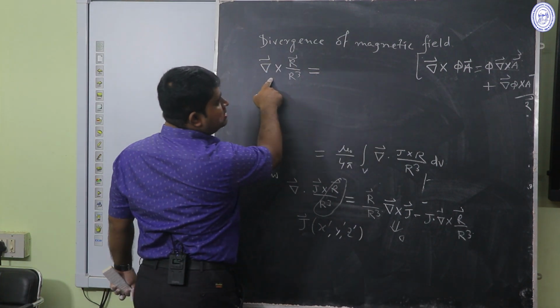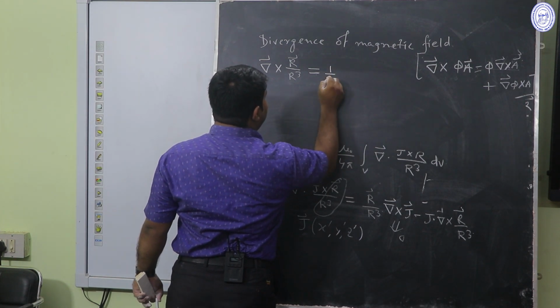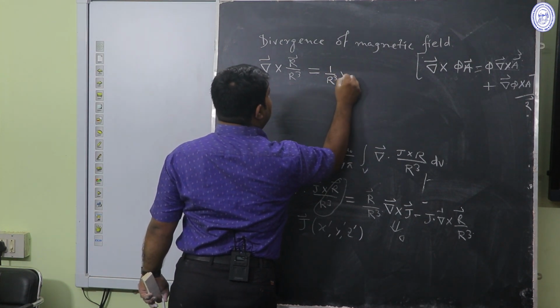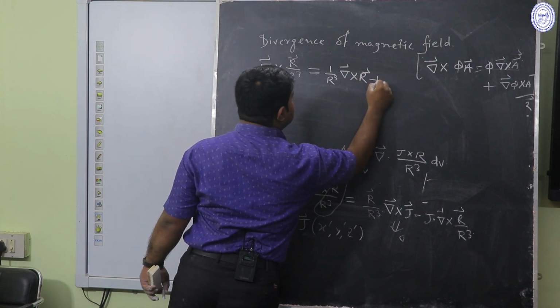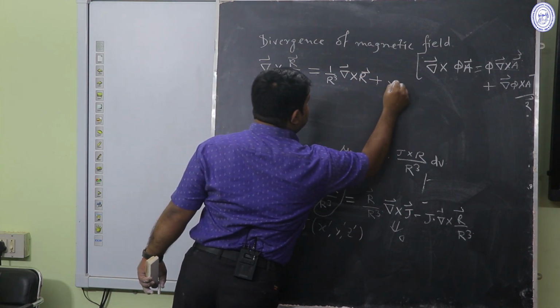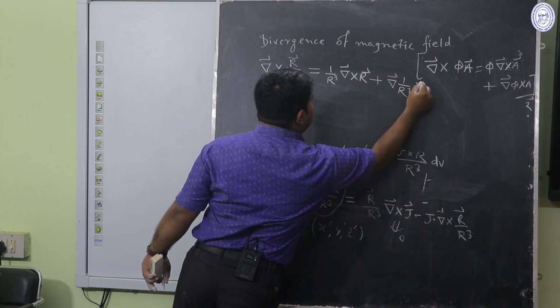So this quantity is equal to 1 by r cube curl of r plus grad of 1 by r cube cross r.